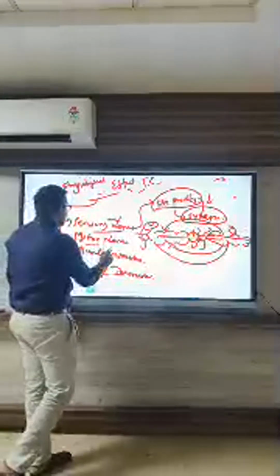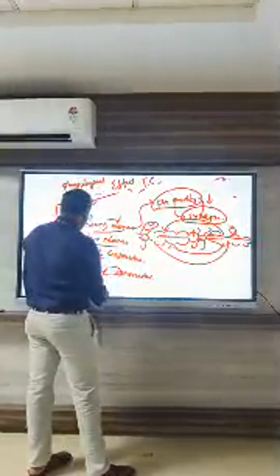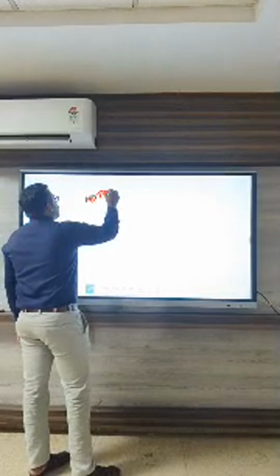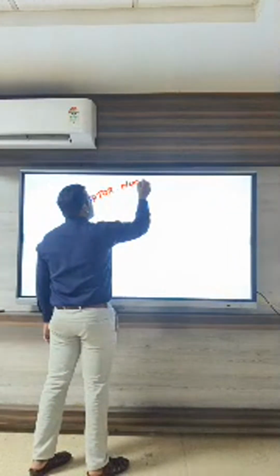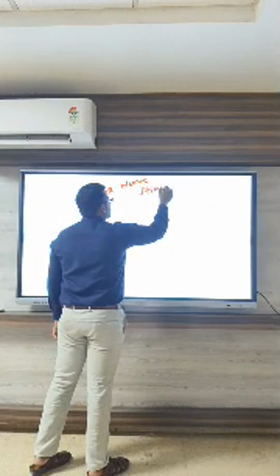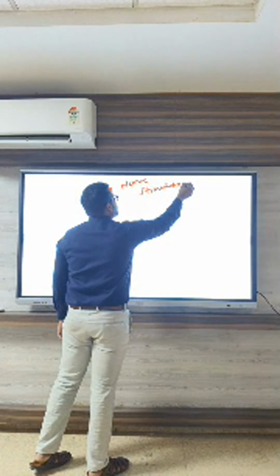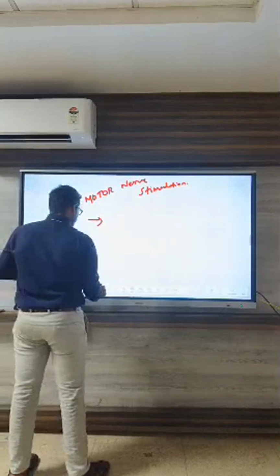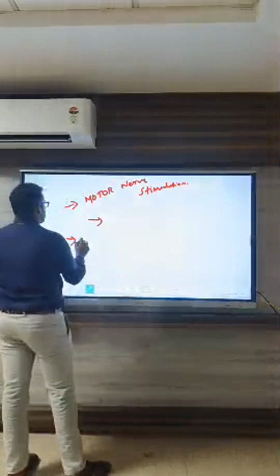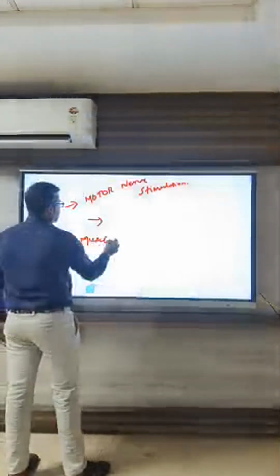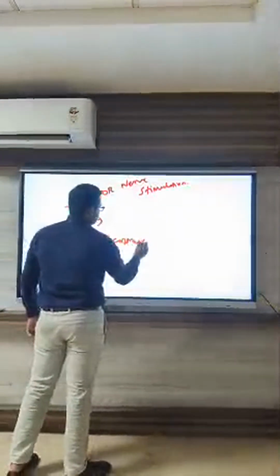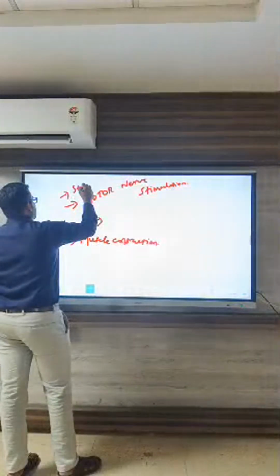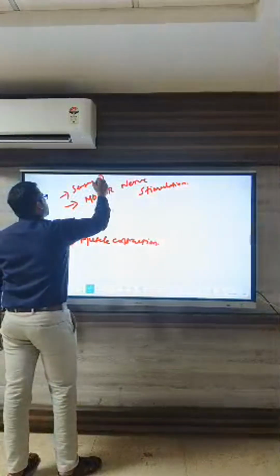So coming to the motor unit: motor nerve stimulation followed by muscle contraction, right? These are all the effects of Faradic current on sensory and motor nerves.